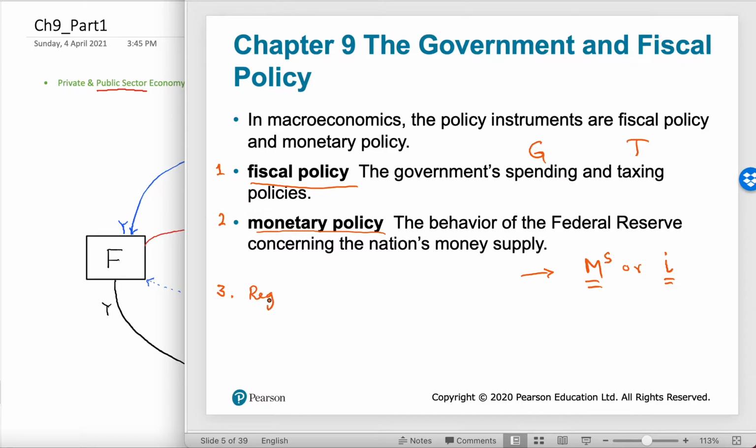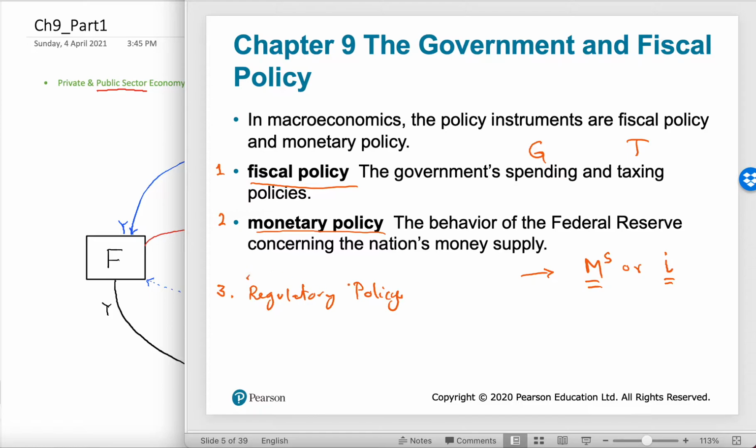It's regulatory. This is where they change the regulations, influencing the markets by setting, let's say, a price floor or price ceiling, or specific regulations which dictate to the private sector.